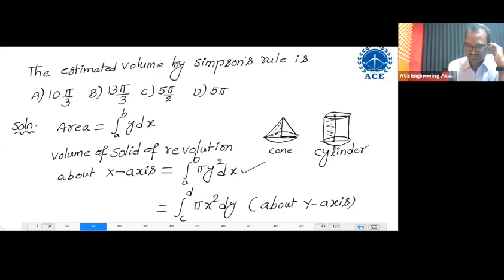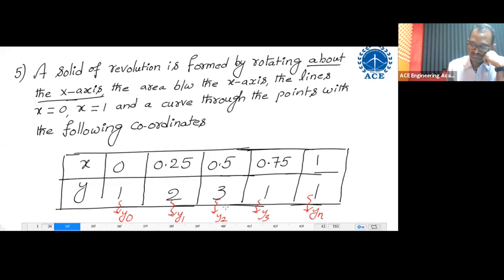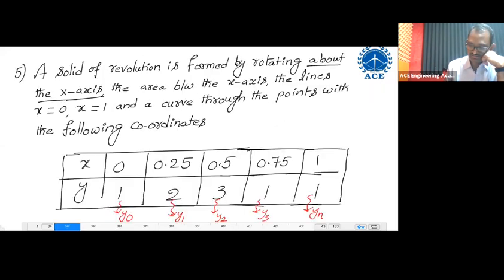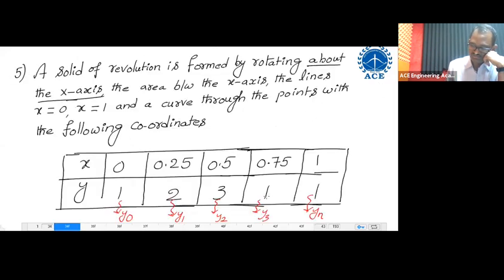Y naught square plus yn square. Y2 square, y3 square. We don't have y4. Plus 4 into y1 square, y3 square.